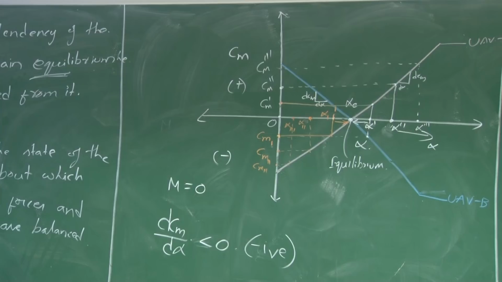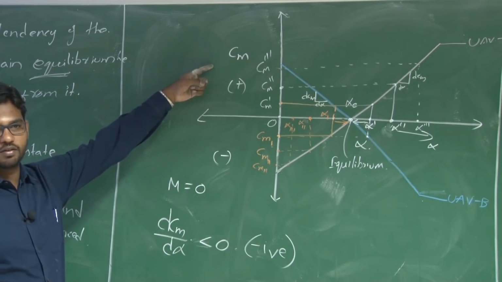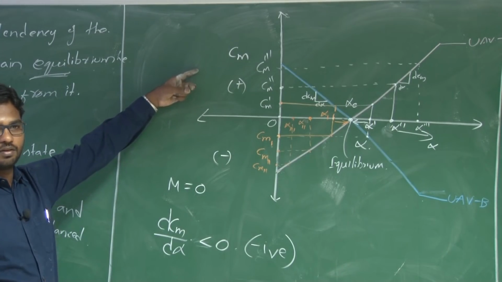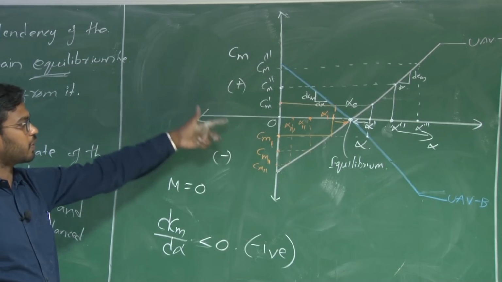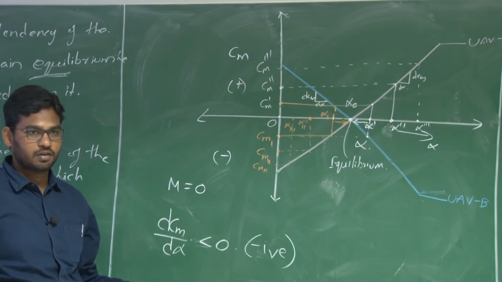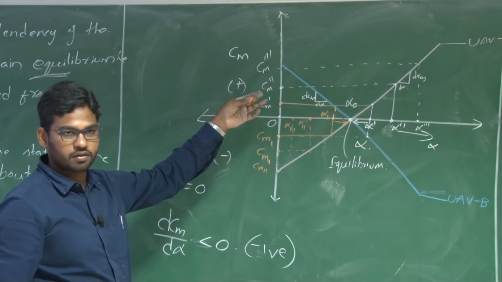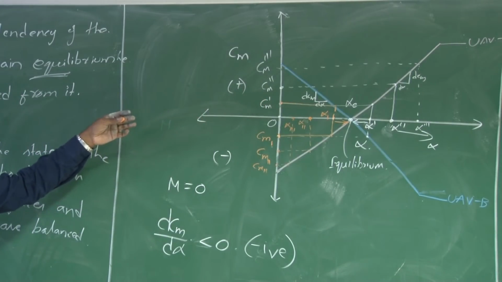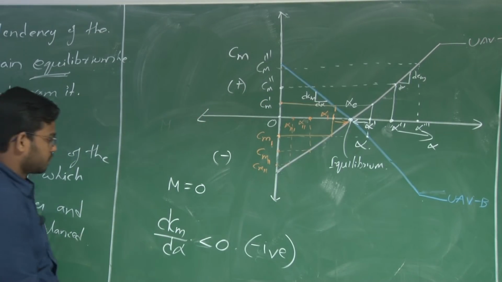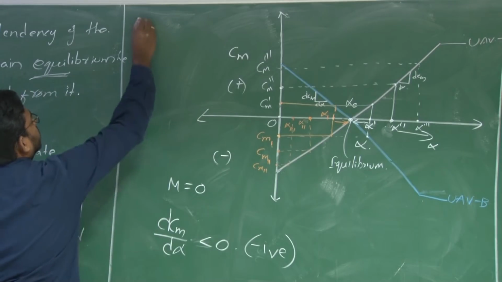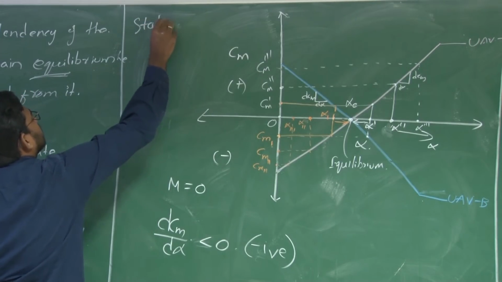And by the way, what is this moment about? This moment we are talking about is about the CG, but due to aerodynamic forces, right. And so we are starting with static stability.